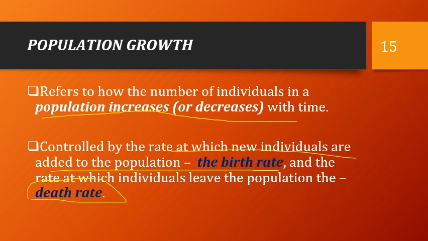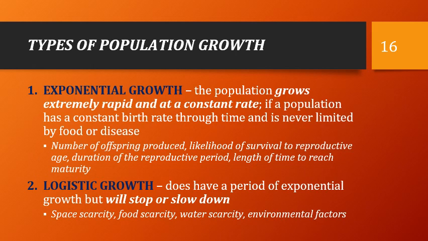If we try to consider the growth of the population, okay, of course, we must also consider the death rate in order for us to conclude kung nagkaroon ba ng addition or meron bang subtraction sa ating population in a particular community. Now, we have here types of population growth. We have the exponential growth and the logistic growth. So we have here the two types.